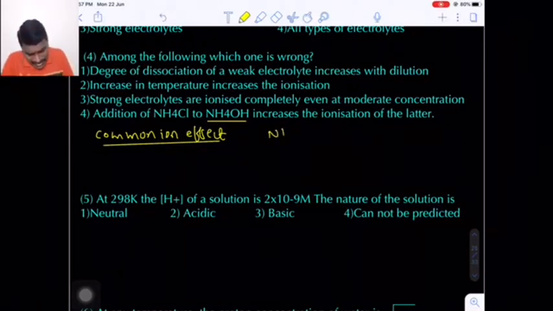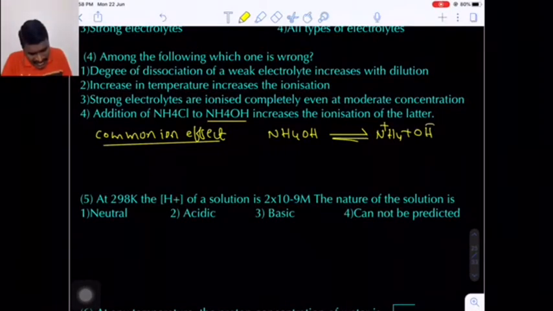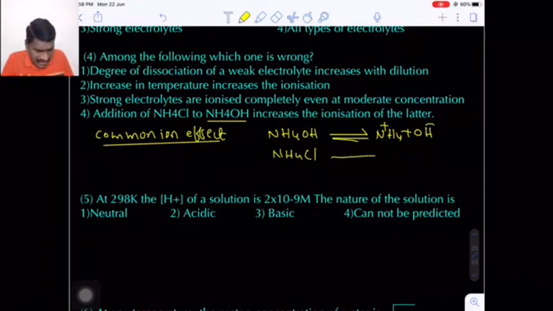That means, suppose NH4OH in the aqueous solution, it dissociates as NH4 plus and OH minus. Okay. Now in the presence of NH4Cl, what happens? NH4Cl being a strong electrolyte, it completely dissociates into NH4 plus and Cl minus.